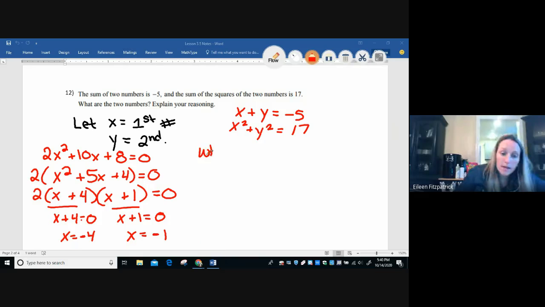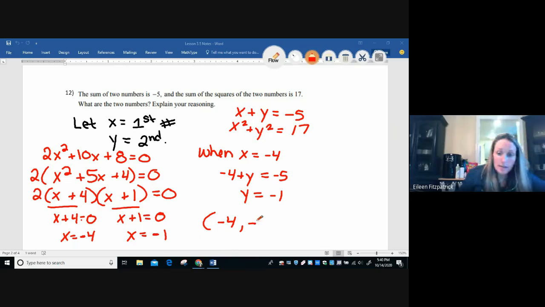So when x equals negative 4, what's y equal? Well, I can figure it out by plugging into this equation. Negative 4 plus y equals negative 5. Add 4 to both sides, so y equals negative 1. Okay, so when x is negative 4, y is negative 1.